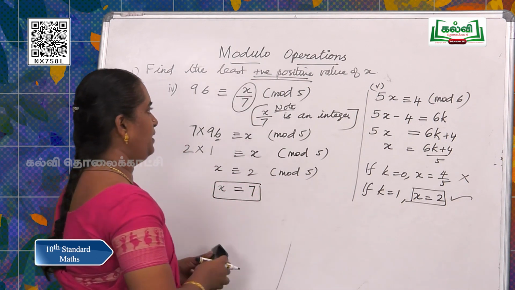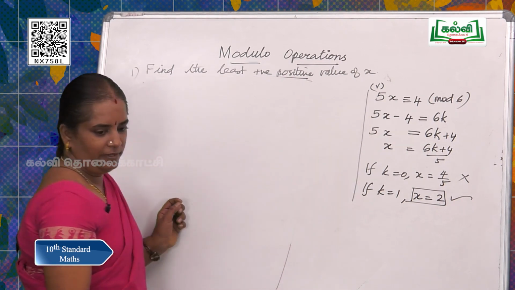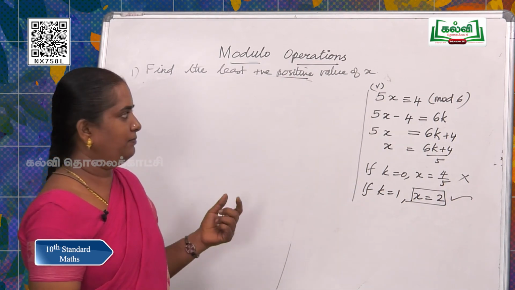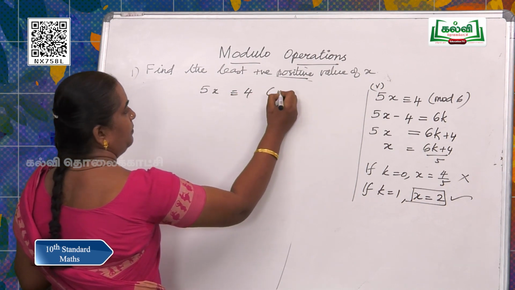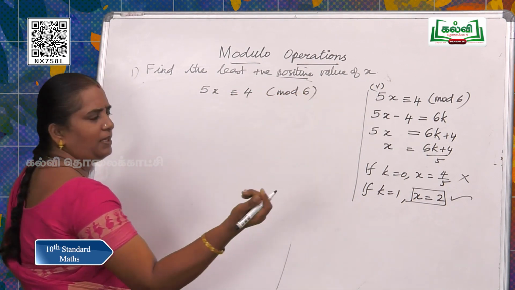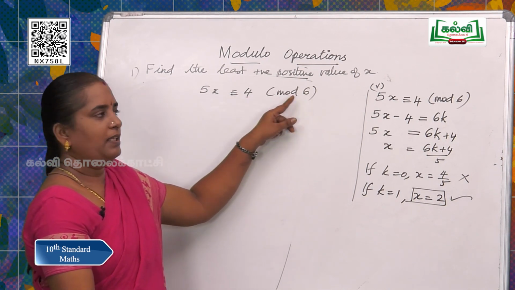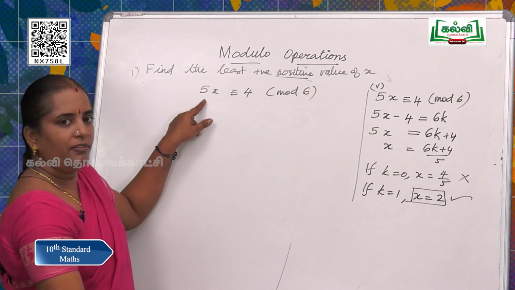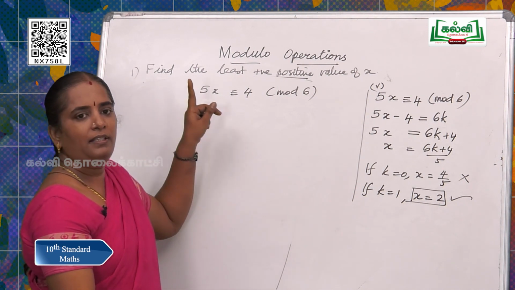Yes, you need the other way. Yes, we will be doing. See, one more method is there which came to my mind now. That is 5x is congruent to 4 mod 6. Let us use the property, that's all. Now 5x, here mod 6. See, this 5 is, yes, very good, one short of 6.